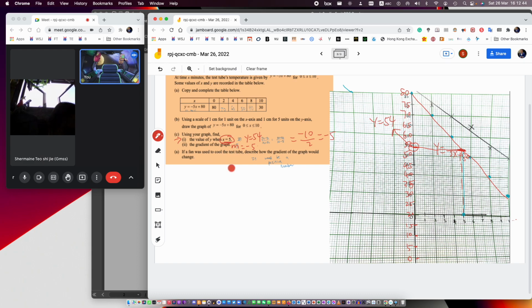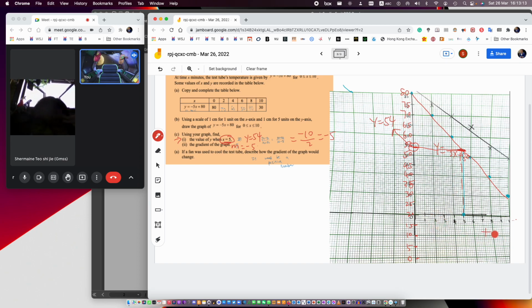So if a fan was used to cool the test tube, describe how the gradient of the graph would change. So if you cool the test tube, then how? So now no fan. Can you see that the temperature drops?